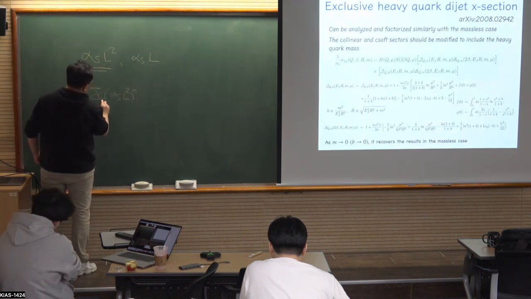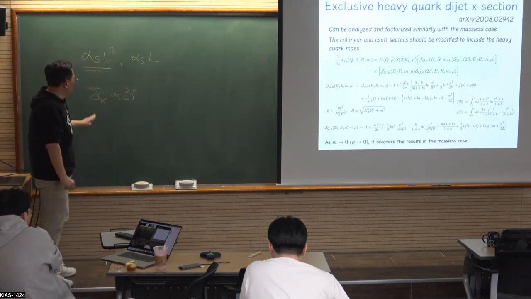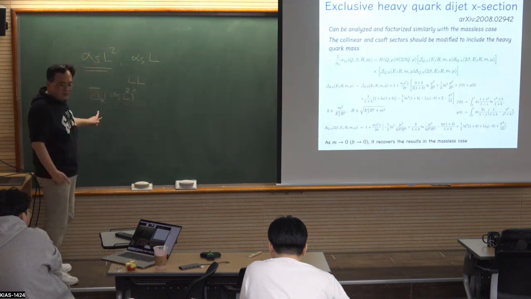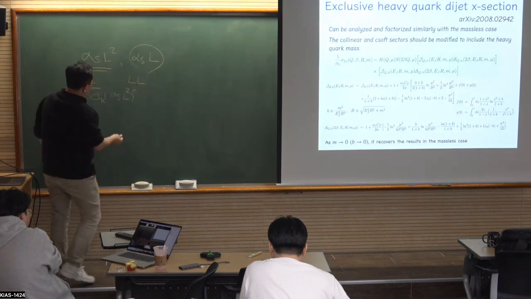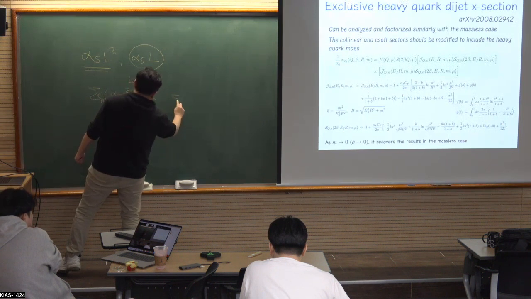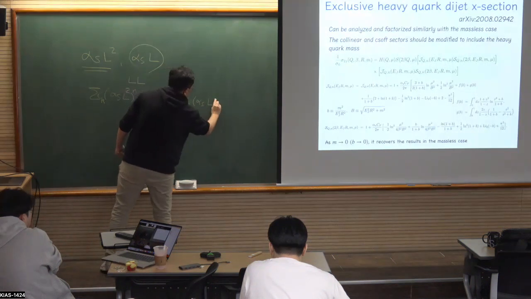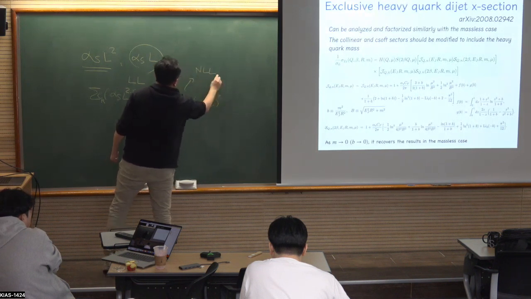If we list that kind of terms with unknown coefficients, this is called leading log resummation. Also, including this single log, this is the next-to-leading log.